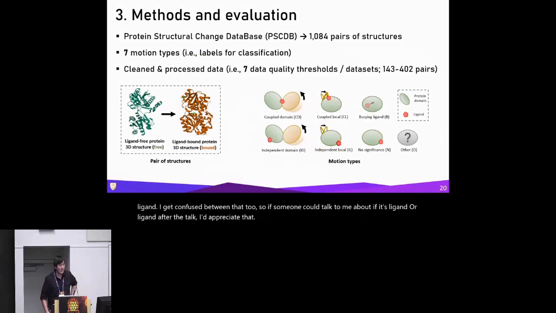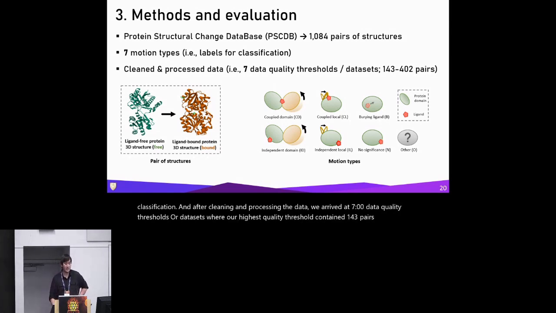Now, this data set was more formally known as the Protein Structural Change Database, or the PSCDB, which contains approximately 1,000 pairs of structures. Each of these pairs of structures was labeled with one of 7 motion types that would later be used as our labels for classification. After cleaning and processing the data, we arrived at 7 data quality thresholds, or data sets, where our highest quality threshold contained 143 pairs and our lowest data quality threshold had 402.